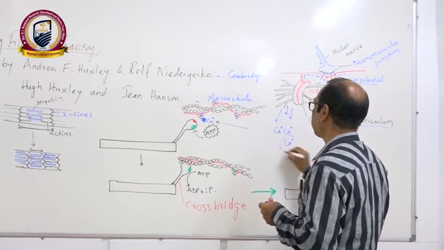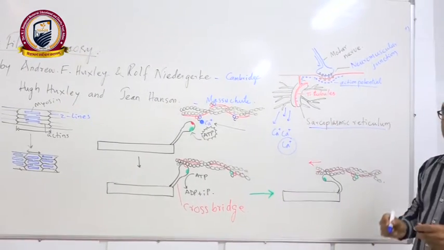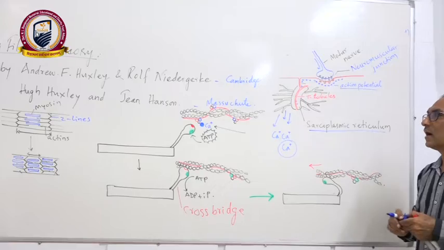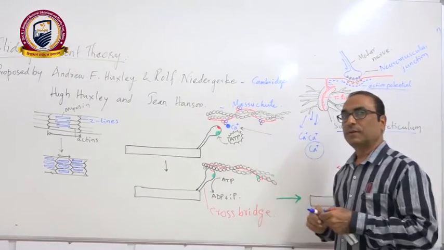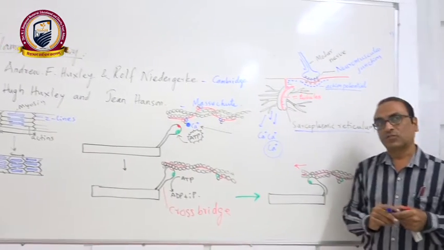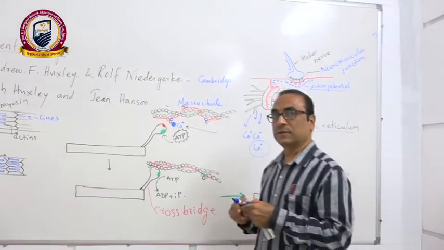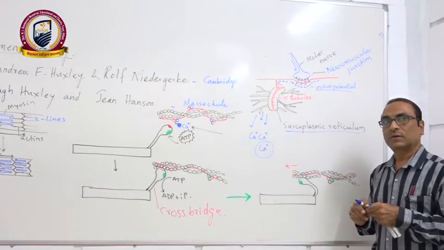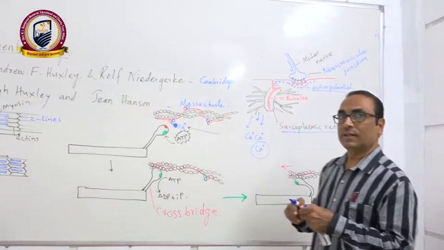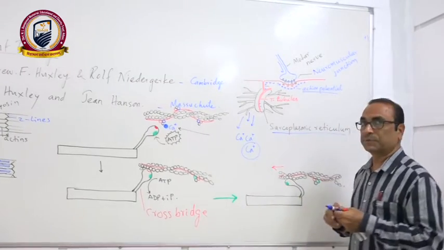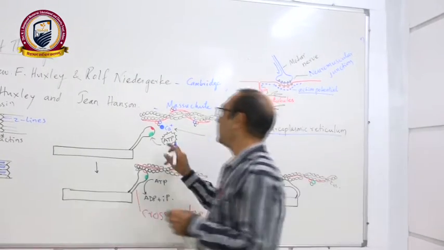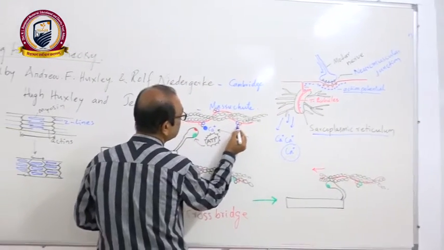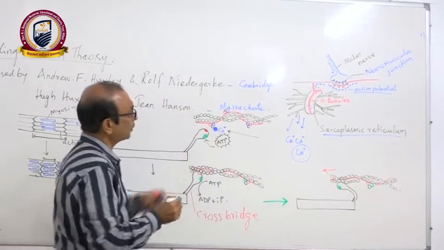Calcium ions play a very important role, and the calcium ion acceptors are the troponin molecules in the striated muscles, or the skeletal muscle fibers, right? And in smooth muscle fibers, calmodulins are the calcium acceptor. So this calcium goes and binds to the calcium binding subunit of the troponin.